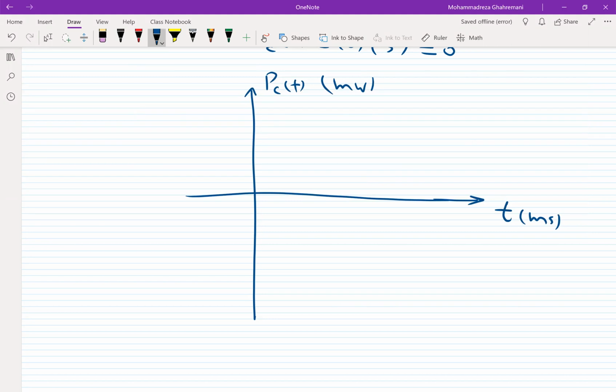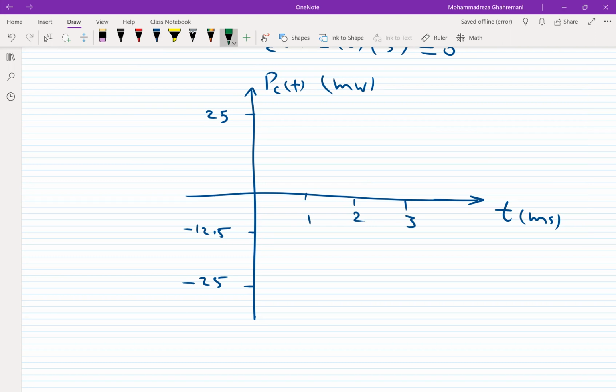And for the vertical axis, we have 25, we have negative 12.5, and we have negative 25, T1, T2, T3.